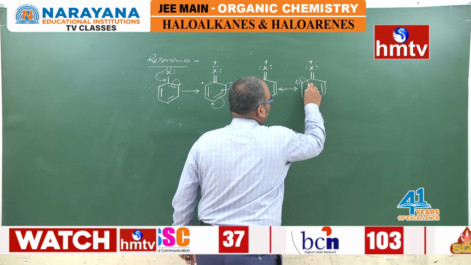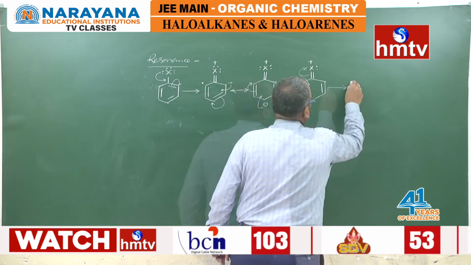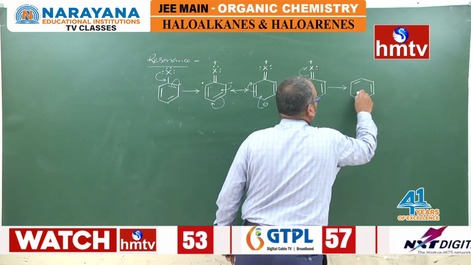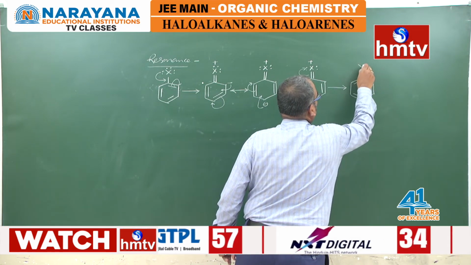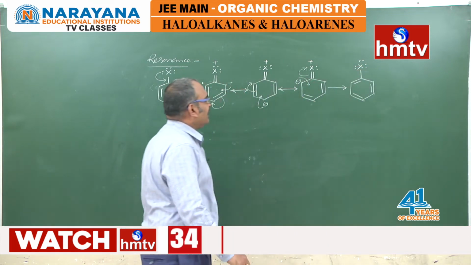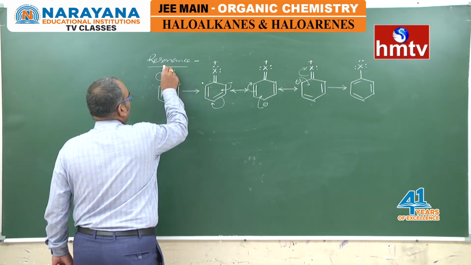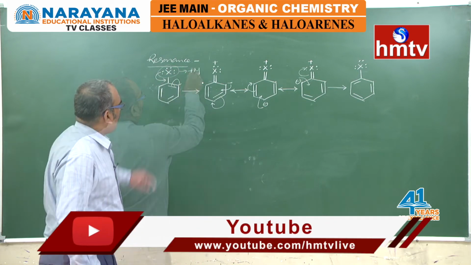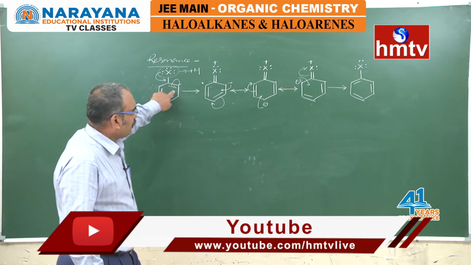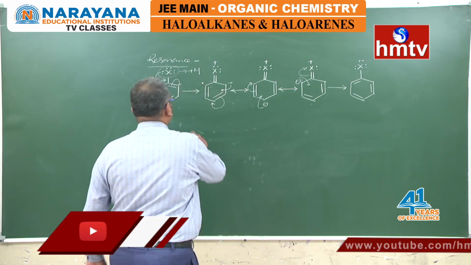This negative charge further moves in to give you this double bond, double bond, double bond, X with 3 lone pairs. You can clearly see the halogen atom is a plus M group, and because of the plus M effect, the lone pair pi conjugation arises to give these resonating structures.